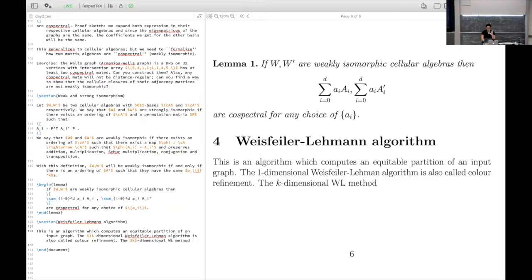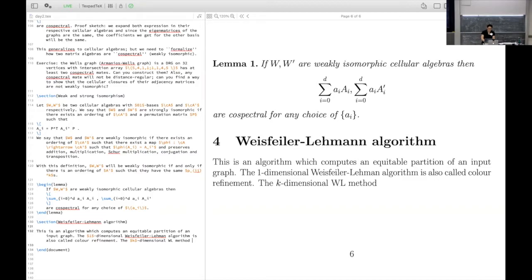Right. So the k-dimensional thing. Well, in our one-dimensional thing, what we did was we colored each vertex in some way. And then at every subsequent step, we colored every vertex with the multi-set of colors of its neighbors. So this will also happen in the k-dimensional thing.